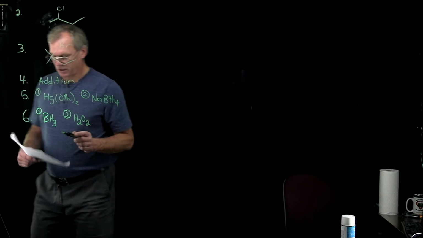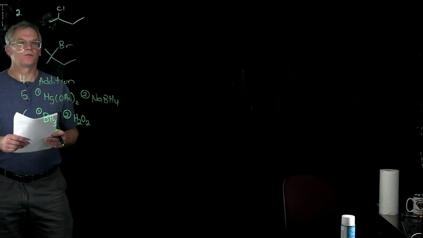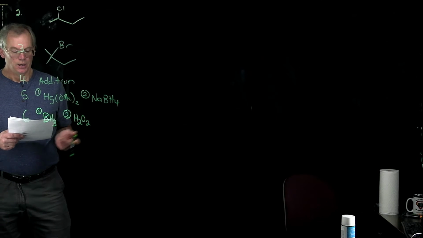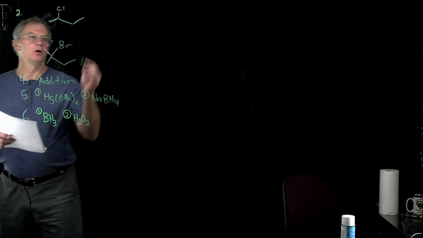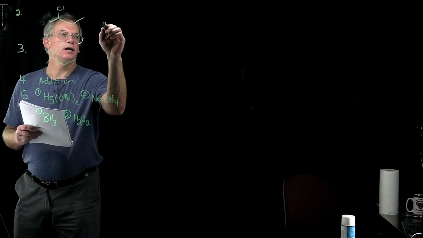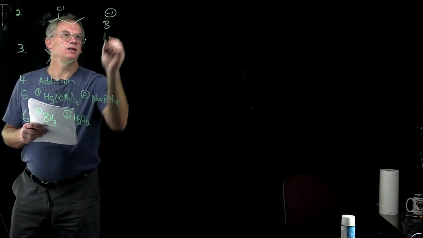For 2 through 6, number 2 just asks for some completions. And so when we want to make alkenes from alkyl halides, we would utilize an alkyl halide and a base.